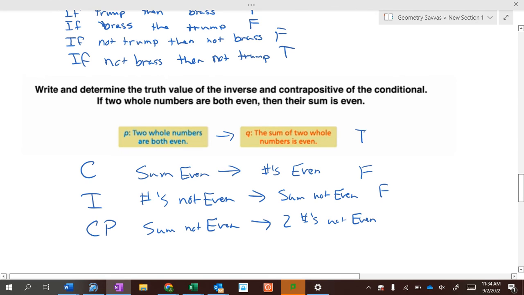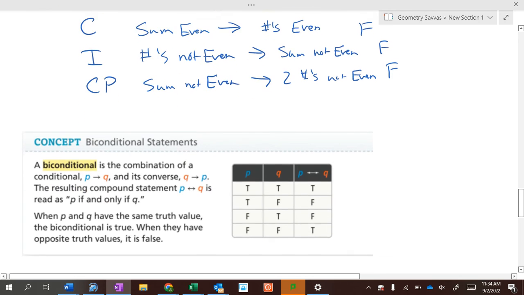Then the two numbers are odd. That's kind of a false statement as well. Okay? Because the numbers have to be one even and one odd to make the sum odd. Okay? So false, false, false.